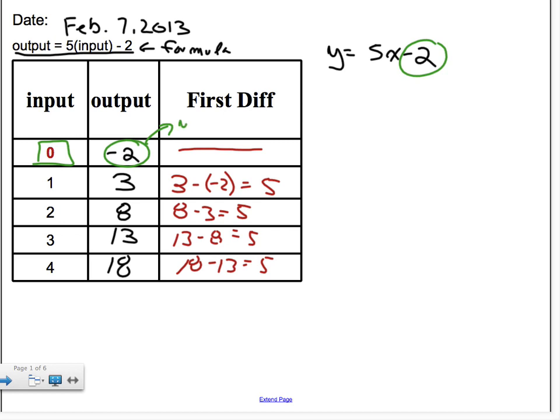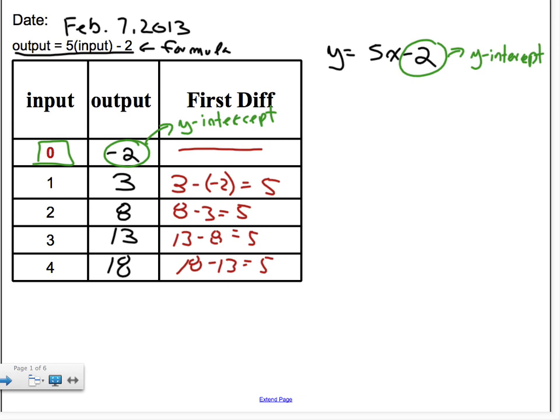Y-intercept. Good. Y-intercept because basically the y-axis is where x is equal to 0. So that's what's going to cross that line. Okay. So here we can decipher that this is a y-intercept.